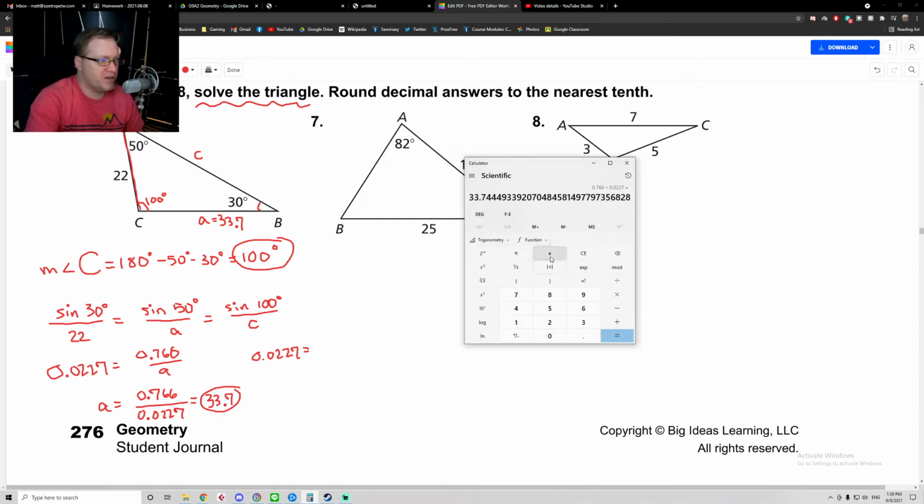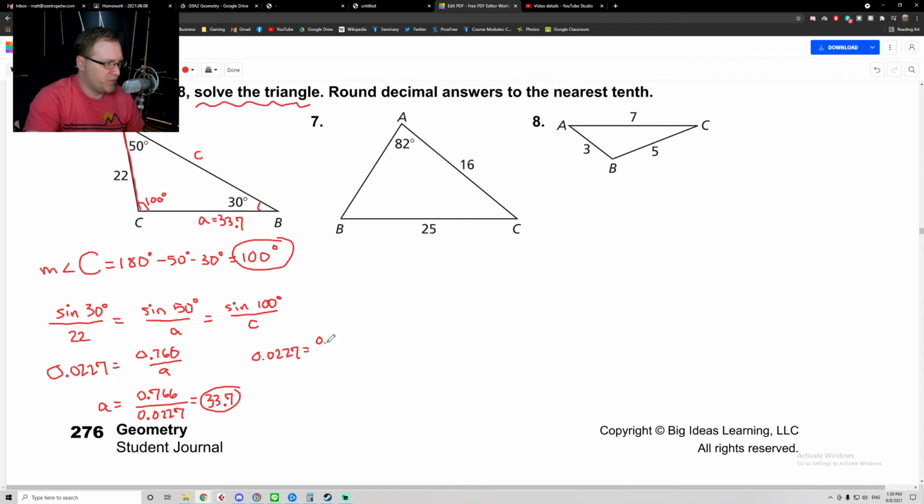What is the sine of 100? 100, sine, 0.9848. So 0.0227 equals 0.9848 over C, which means we multiply by C, put C over here, and then divide by this.